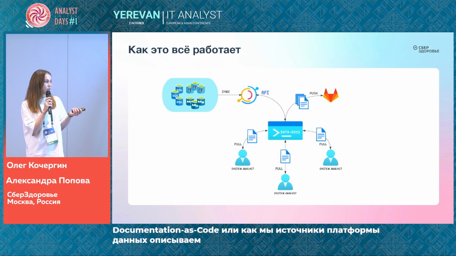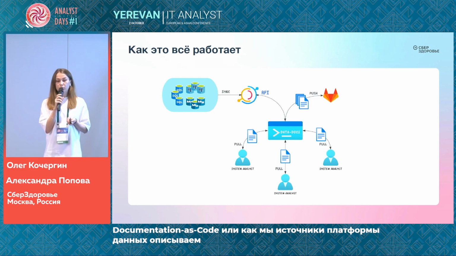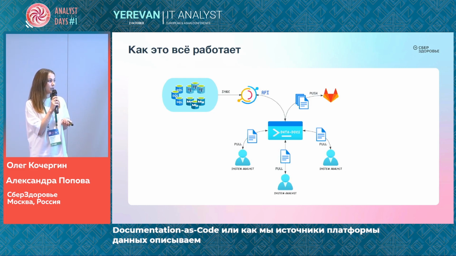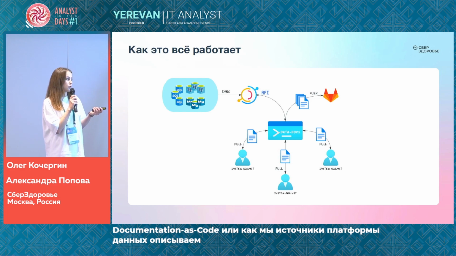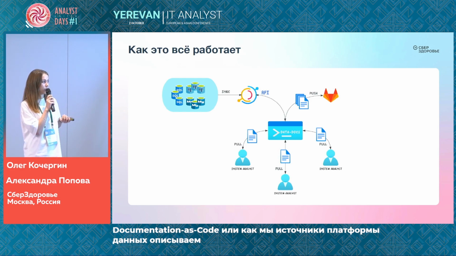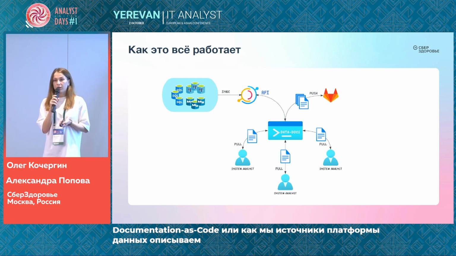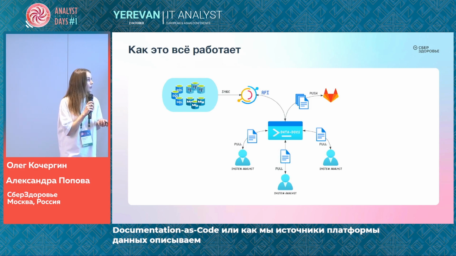They get a YAML file, then enrich that file and send it to Git, and code review would follow, and then CI/CD would be activated with the help of the same tool. The changes are synchronized in the data hub, and that's how the most recent information is reflected.